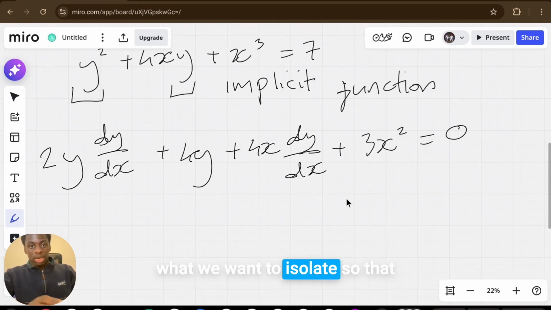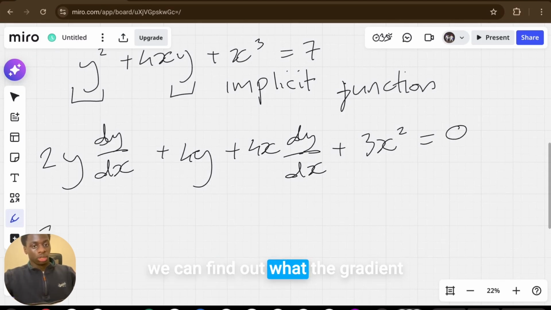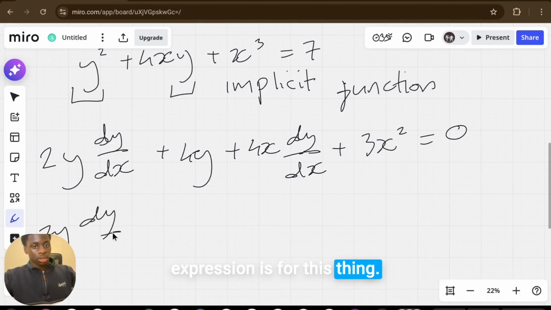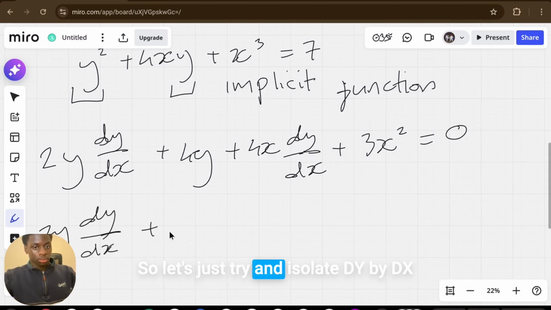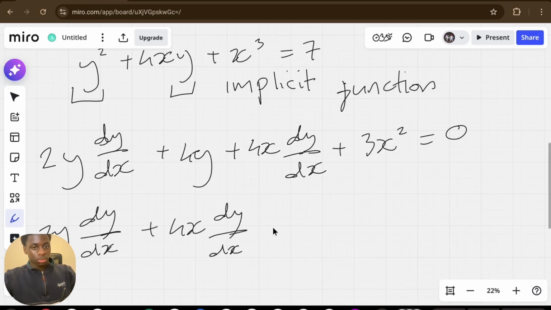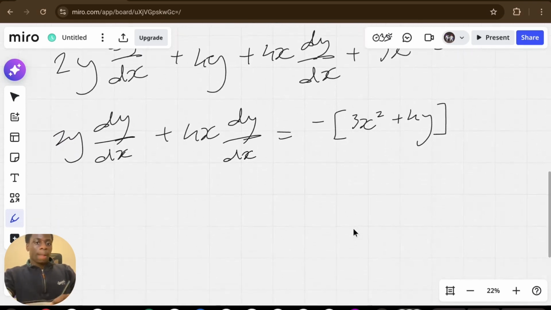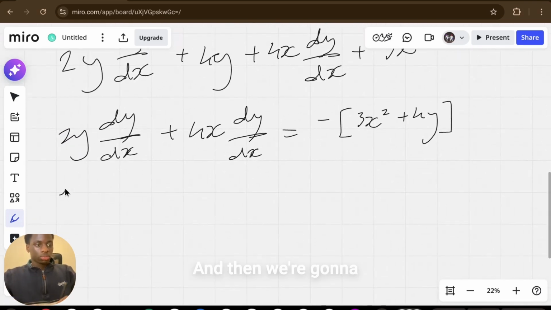And that's what we want to isolate so that we can find out what the gradient expression is for this curve. So let's just try and isolate dy by dx. And then we'll move the rest to the other side. And then we're going to factorize dy by dx out.